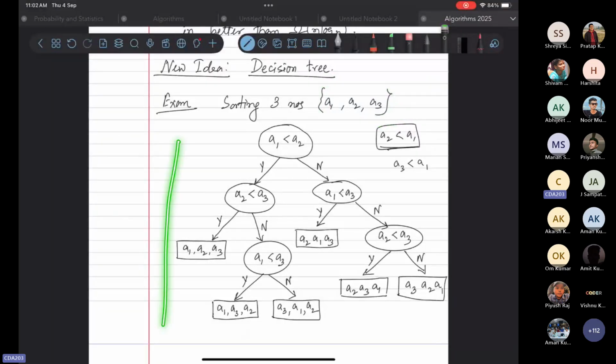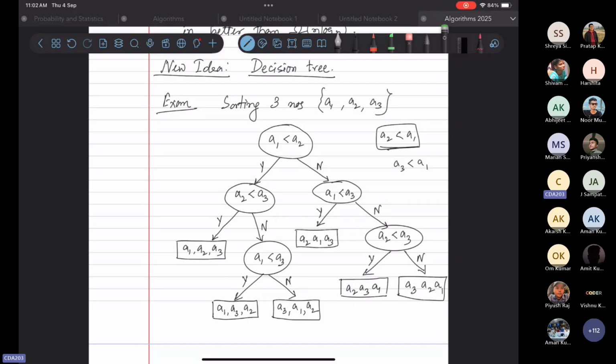And in this way, I'm actually figuring out what is the process I should follow to get to a sorted order. If I take some fixed numbers like 7, 5, 9, then it will follow a particular path. It may follow this path.